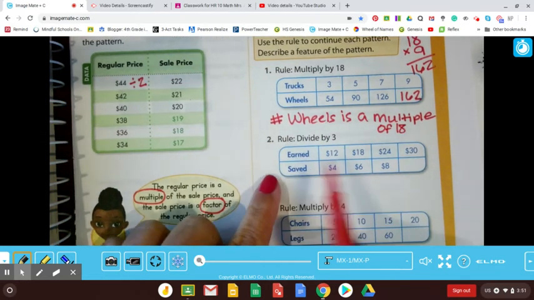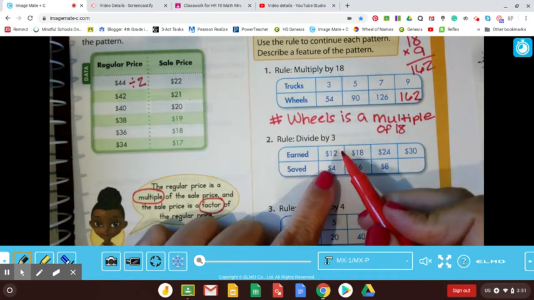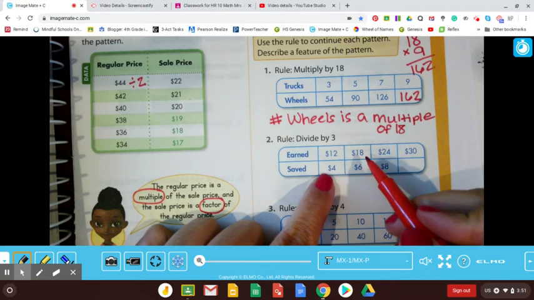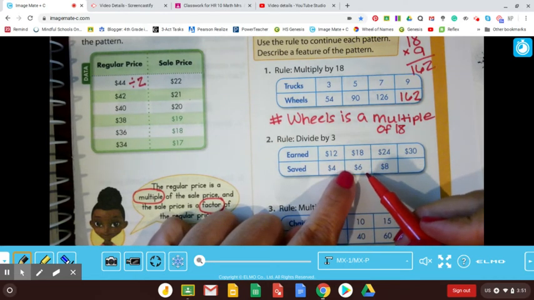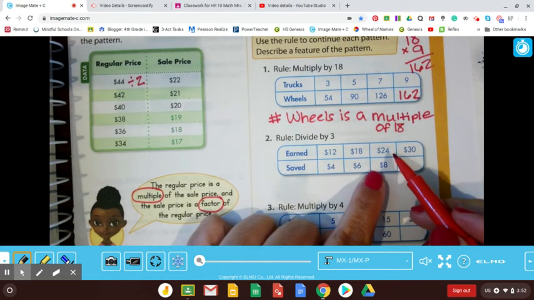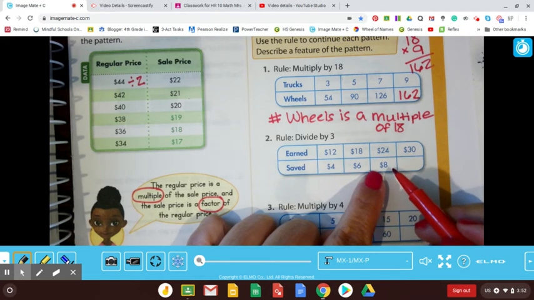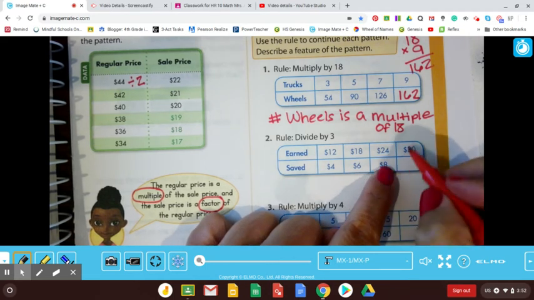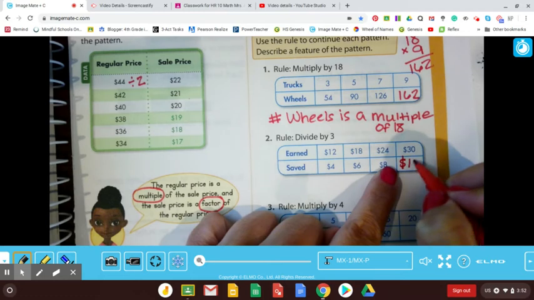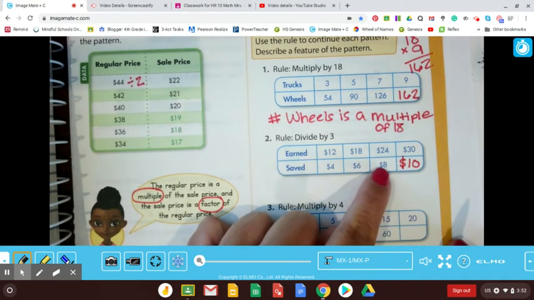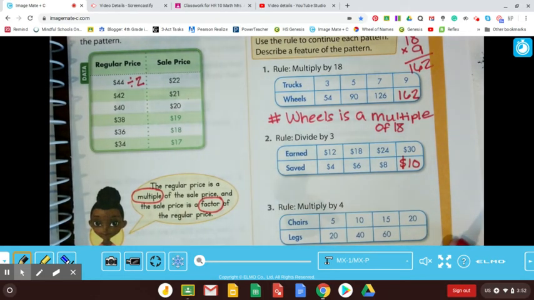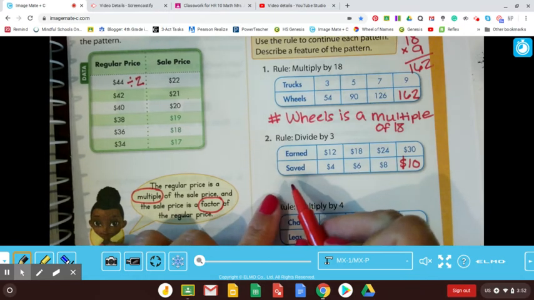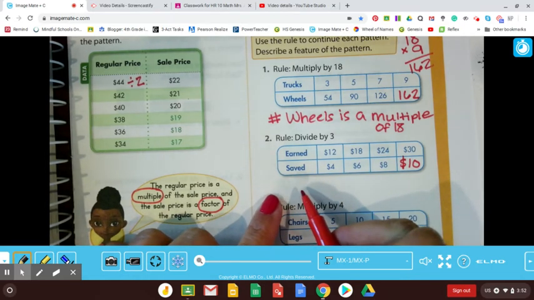Okay, our next one is divide by 3. 12 divided by 3 is 4. 18 divided by 3 is 6. 24 divided by 3 is 8. And 30 divided by 3 is 10. And we want to make sure we include that dollar sign because all of the other ones have that too. It's our label. And one of the features, let's see, what do we notice here?